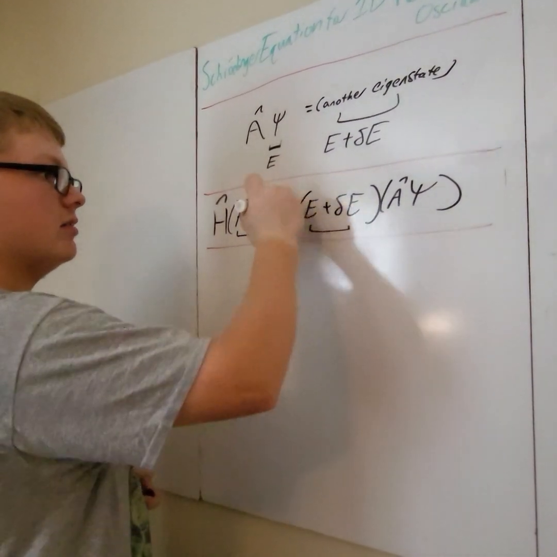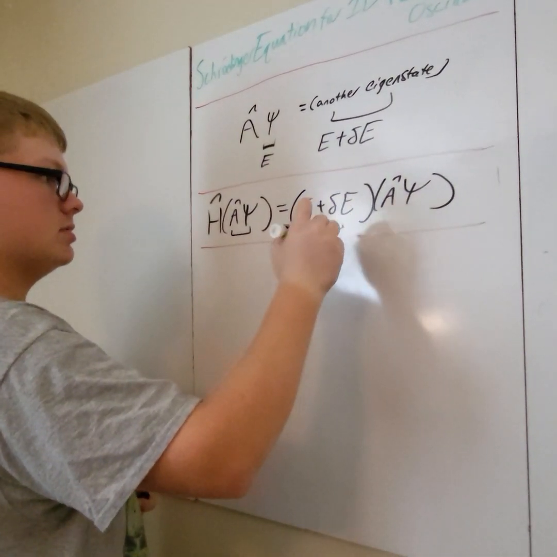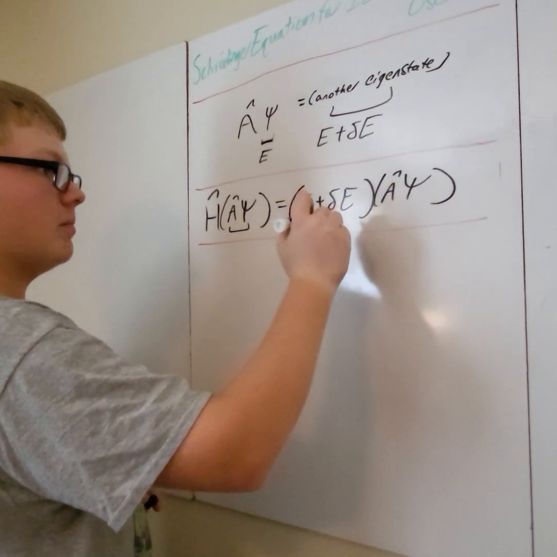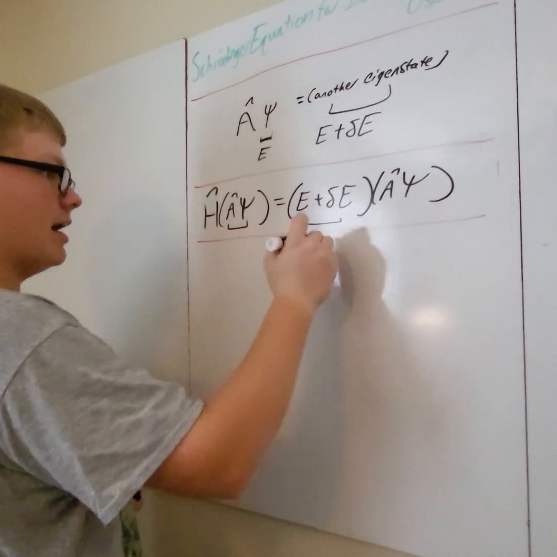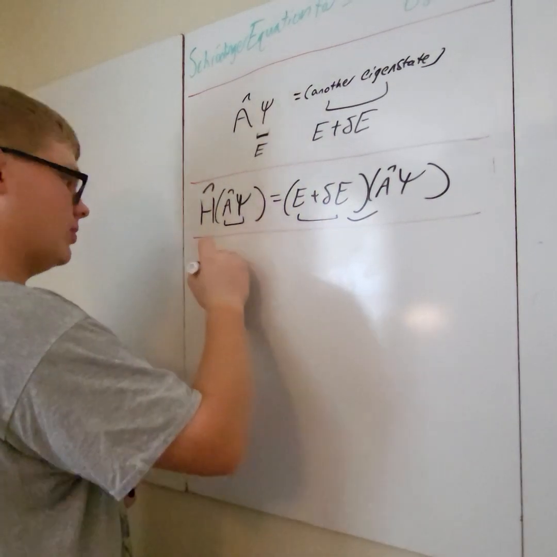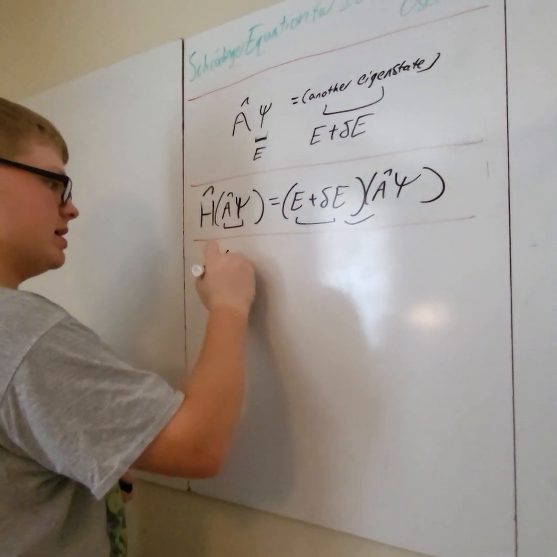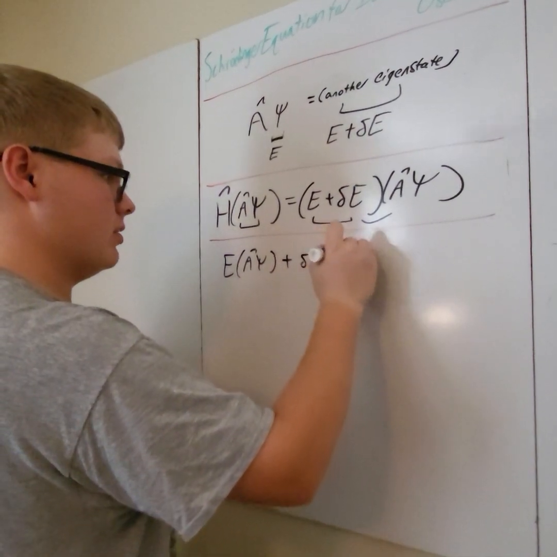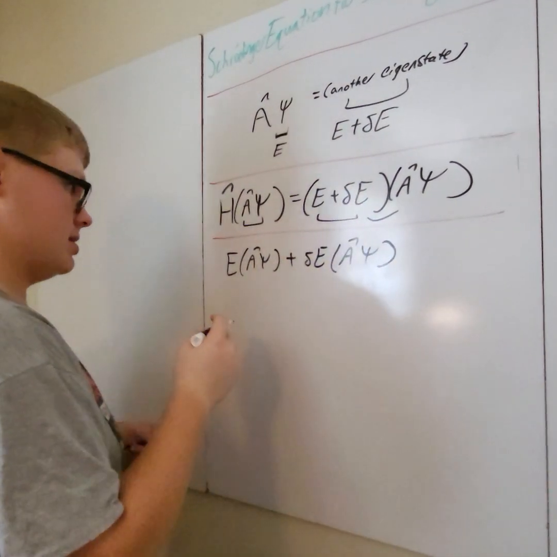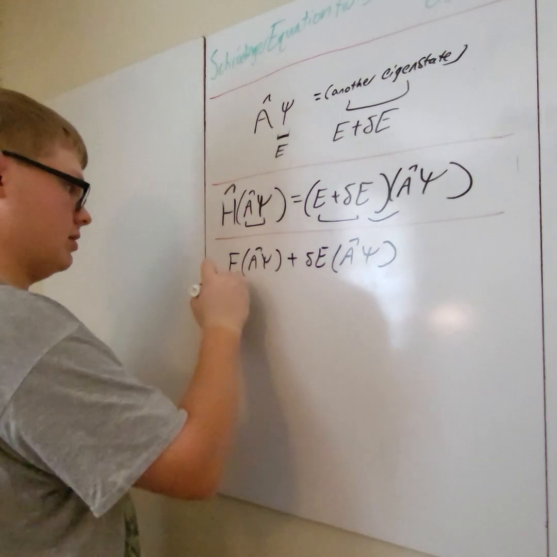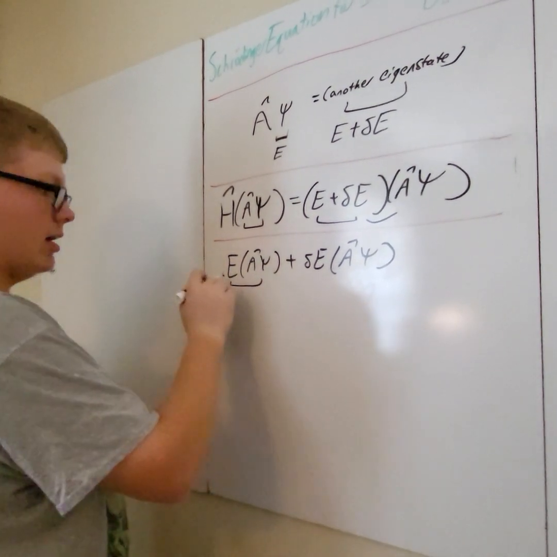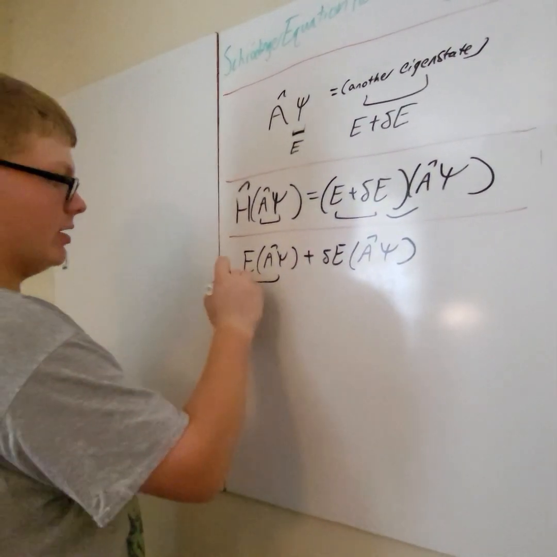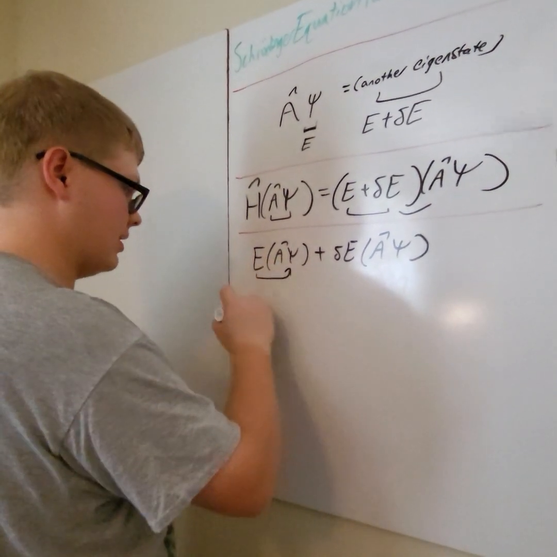Okay. So we're going to separate this side out. And this is E plus delta E acting on A hat. Well, the E is just a number, so it can be pulled onto the inside of this.